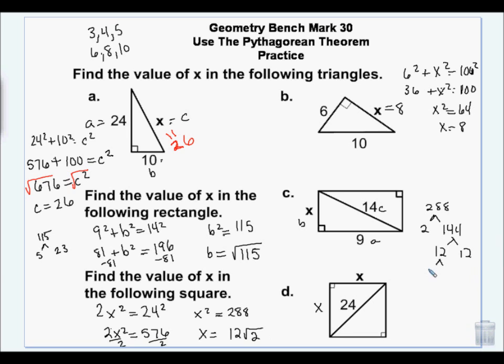Now, if I just don't stop there, I can keep going. And I have a pair of 2's, and a pair of 2's, and a pair of 3's, and a 2 left over. So if I didn't see the 12 times 12, I would have ended up with 2 times 2 times 3 times the square root of 2.